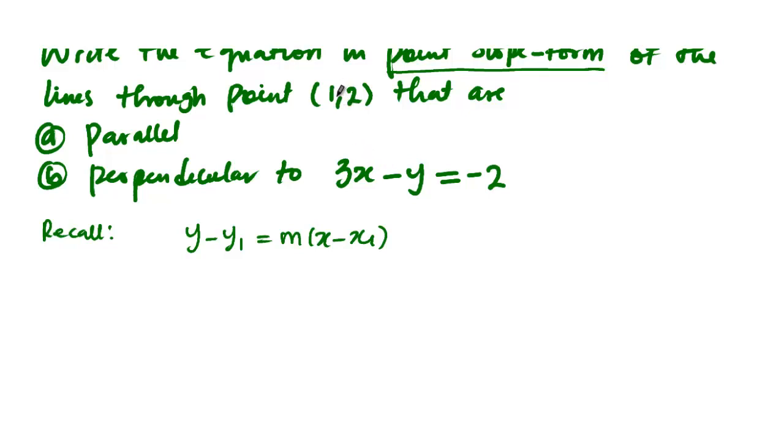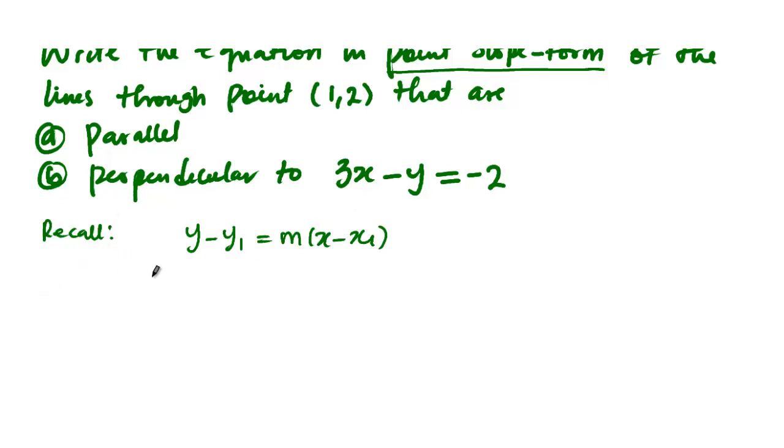The line through the point (1, 2) is parallel and perpendicular to this. So the first thing we need to do is, from this equation of line, determine the slope of this line. To determine the slope of the line, we need to express it in slope-intercept form, right? Because that is the only way we can determine the slope of the line.